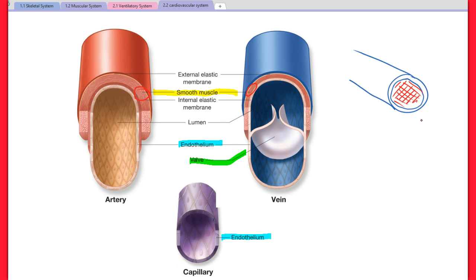So when we have fatty build-ups, it's this fatty build-up within arteries that decreases the size of the lumen, therefore resulting in higher blood pressure, because the heart has to work harder to be able to force the same amount of blood through.